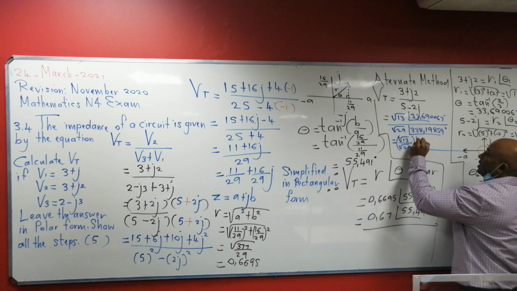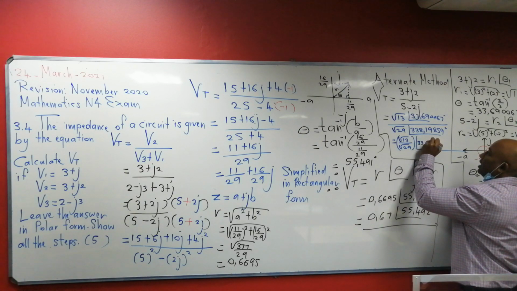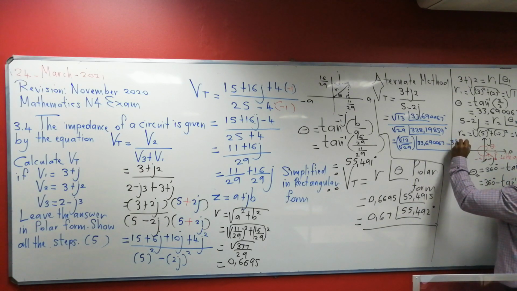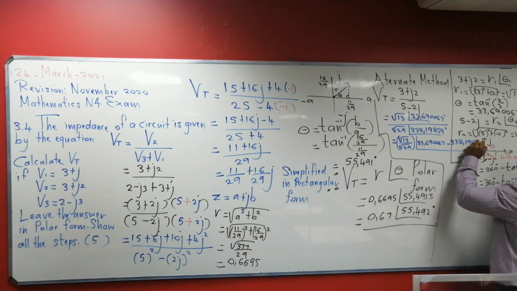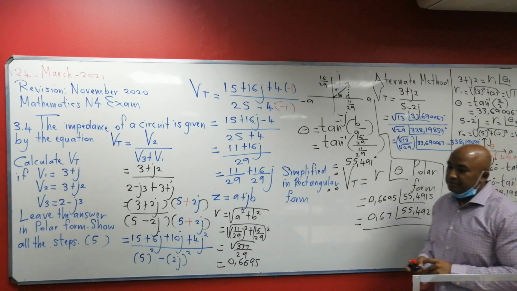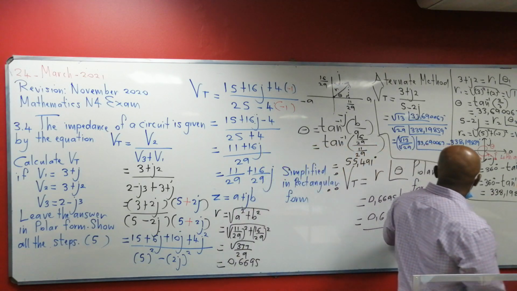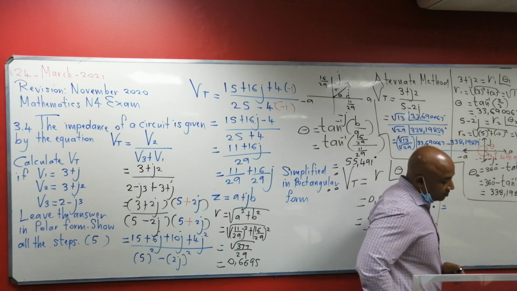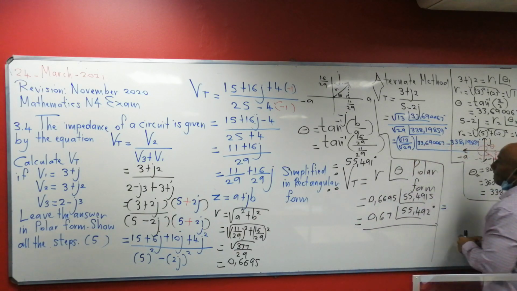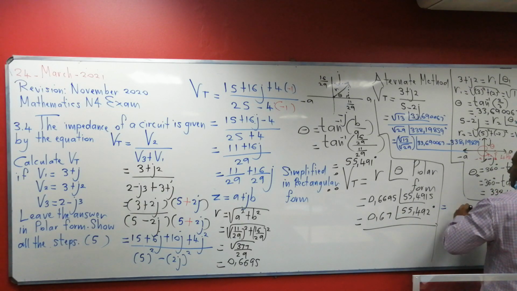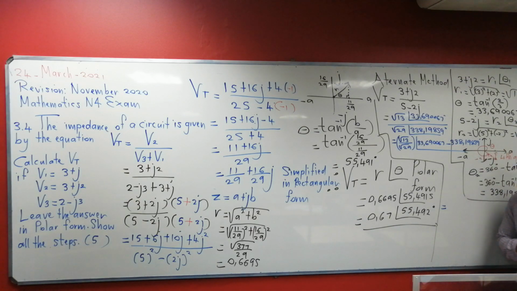So that's going to be 33.690067 subtract 338.19859 degrees. Then let's see what we get here. Let's just write this down: the square root of 13 divided by the square root of 29.